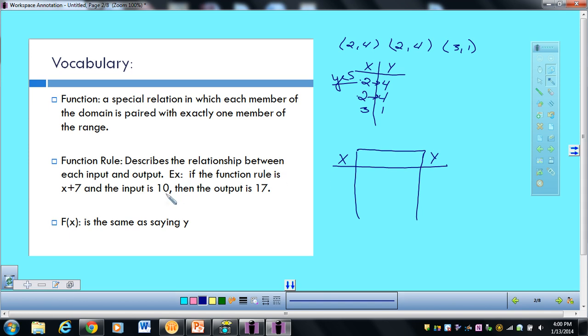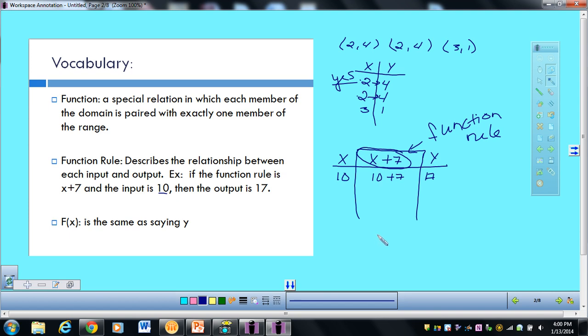So for example, if I gave you that the input is 10 and that the function rule is x plus 7, then you would do 10 plus 7 and you would get 17. So this right here, the x plus 7, that is the function rule. That tells you what to do in order to get y. And then your other vocabulary is just the f of x symbol, and that's the same as saying y.